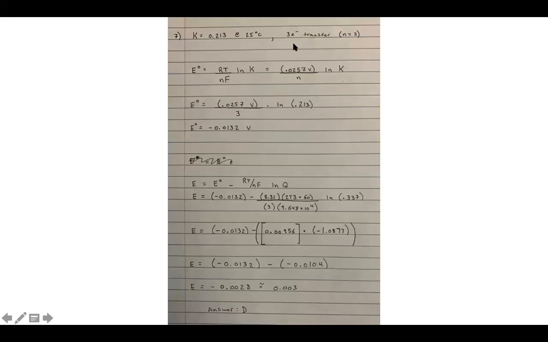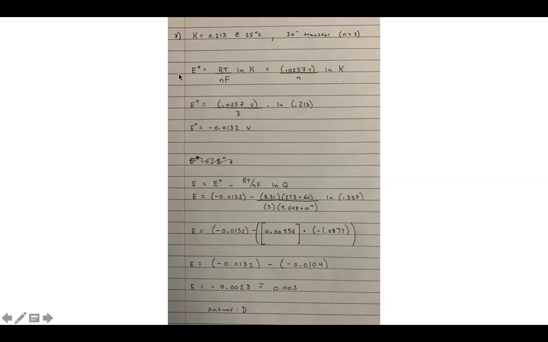So I started out just by writing some of my key pieces of information. I wrote my equilibrium constant at 25 degrees Celsius, and I was told that 3 electrons were transferred during this reaction. That comment is an indicator that N is equal to 3, the number of electrons being transferred. Now we calculate our standard cell potential at 25 degrees Celsius and at equilibrium.